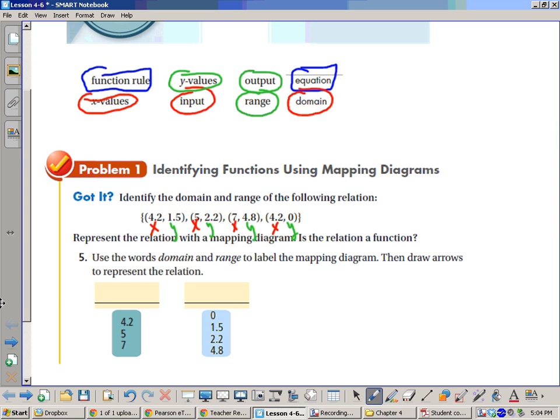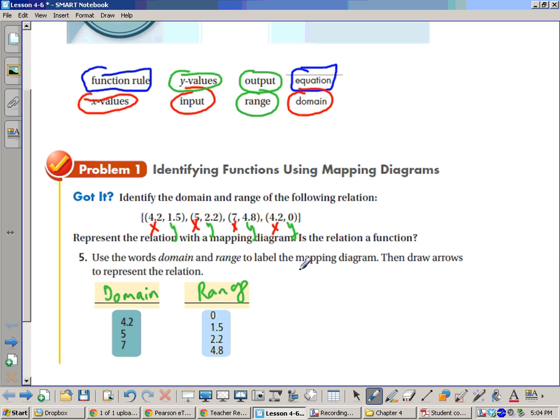So over here, when we want to list those, we find that the domain is the first list here. We've just taken and listed the numbers. I want you to notice 4.2 is listed twice, so we just list that once over here. We don't have to list it twice. And then the range is the y values. That's our output.